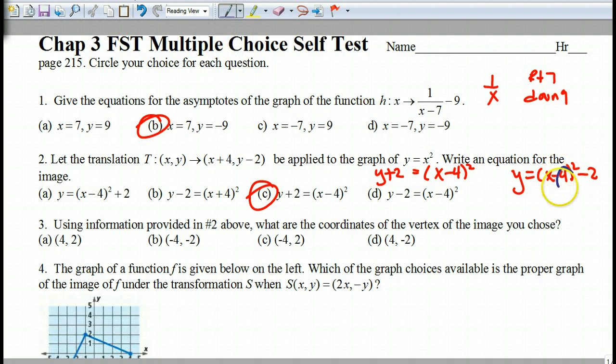It's right here. 4, negative 2. So that one is D. Because this is in vertex form already. Why wouldn't it be negative 1? Because remember, it's the opposite. Oh, okay. For just the x then? Yeah, on the x when it's solved like this. When it's solved like this, it's opposite for both. Okay?